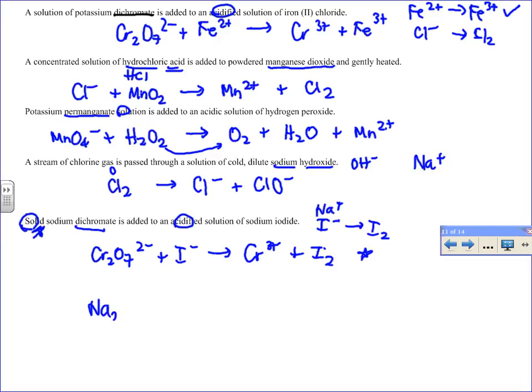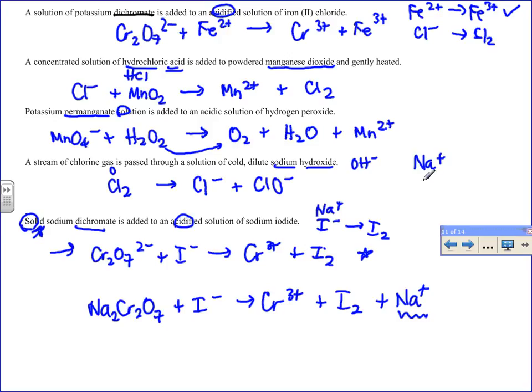So really what you're working with here is solid sodium dichromate reacting with iodide to produce the chromium ion and iodine, and then you're going to have sodium as an ion. Once you've figured out what the balancing is by using the half reaction method, then you can reintroduce the sodium, and you just need to balance the sodium afterwards.